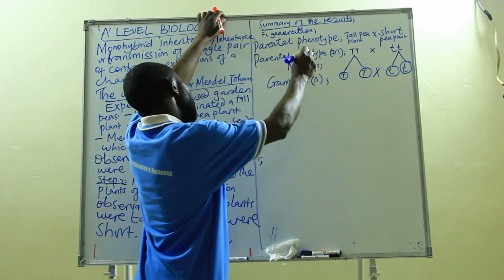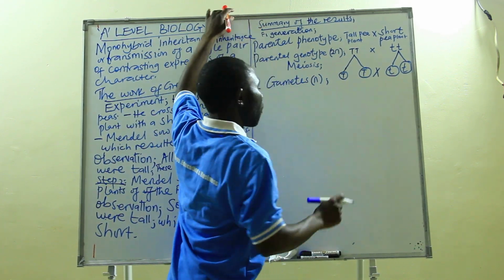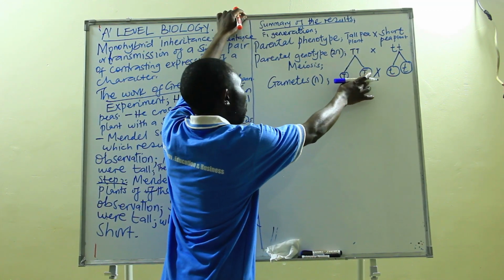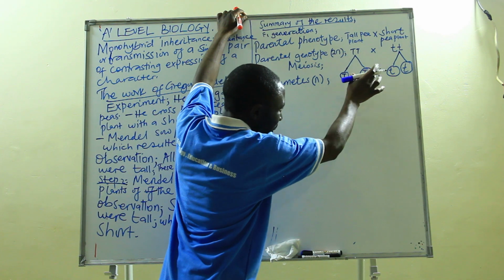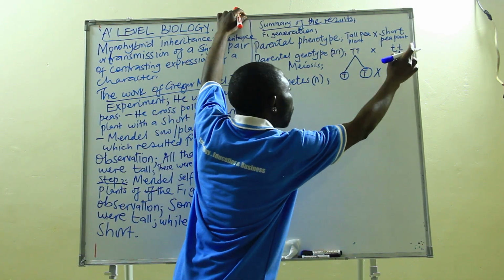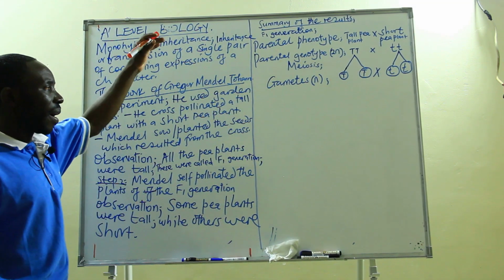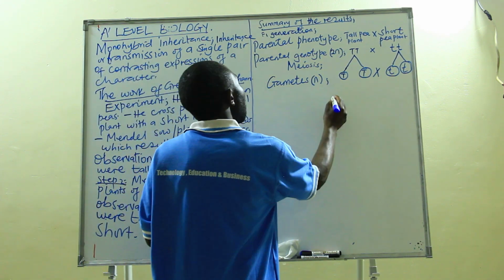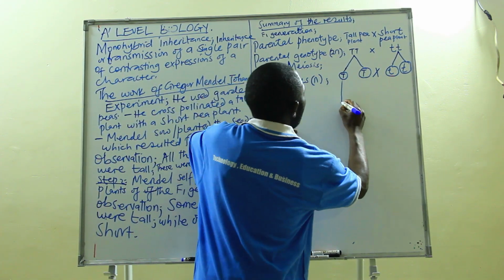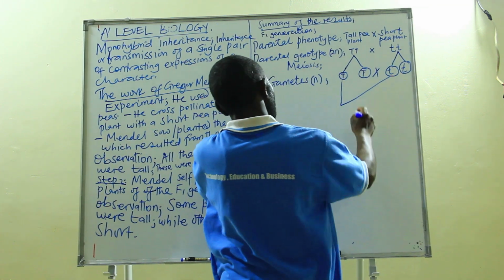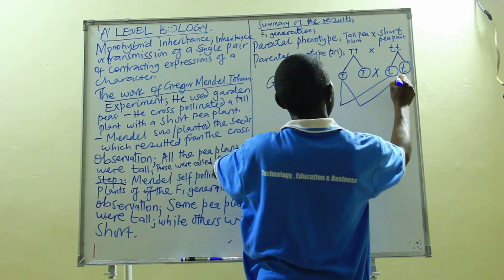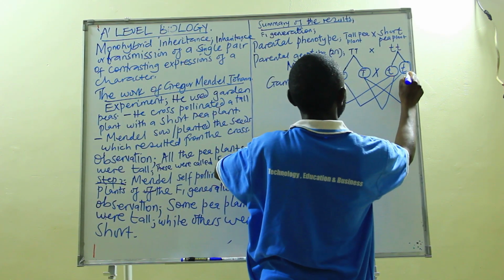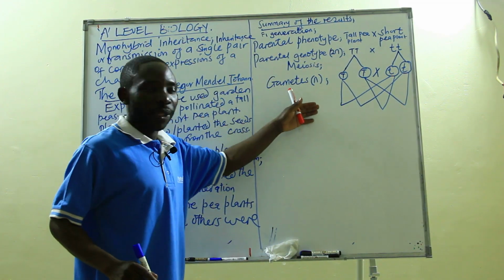Next step will be random fertilization, where any allele of one gene pair can potentially and randomly fuse with any allele of the other gene. So here we shall have our crosses, as observed on the board.